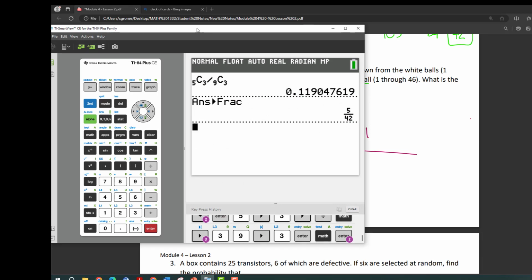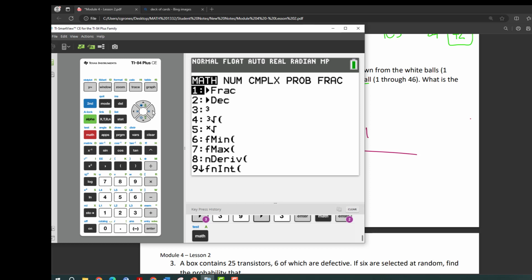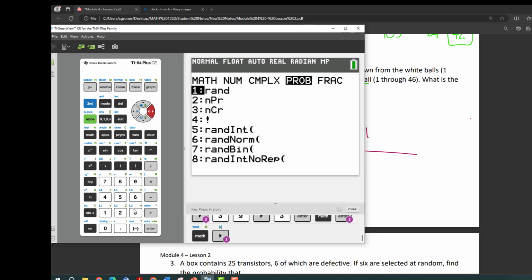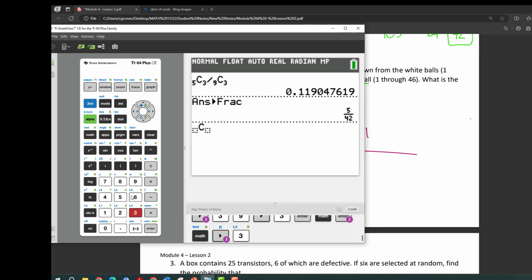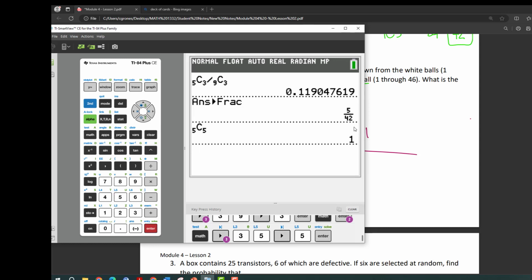So we have to choose from those 5 numbers. So let me go to math, probability, and do our nCr. We have 5 numbers that get picked that are winners, and we want to choose all 5 of those. If we hit enter, it's 1, because there's only one way for that to happen.